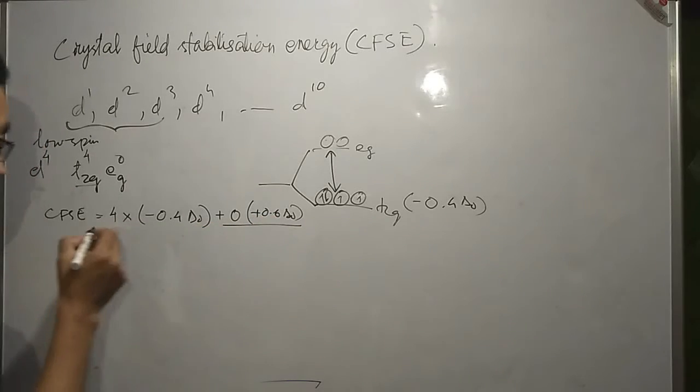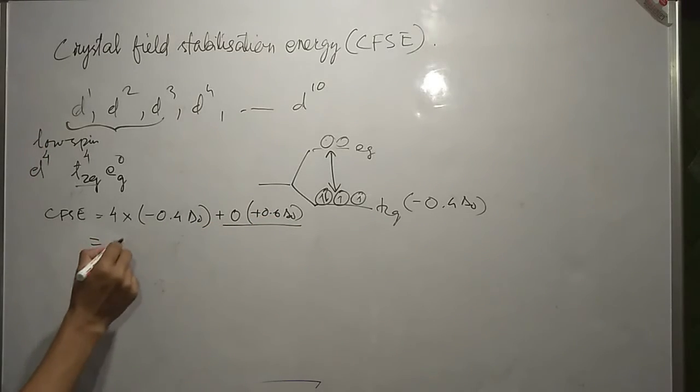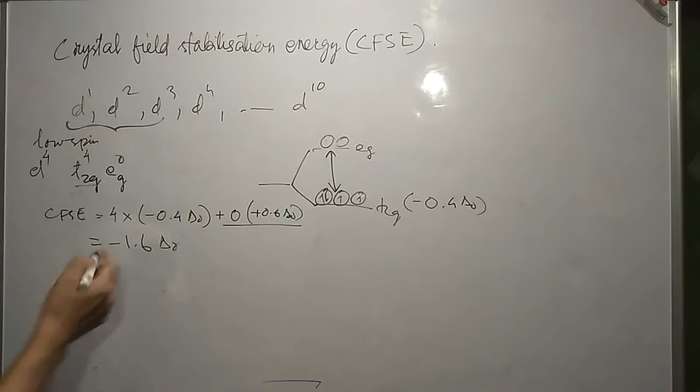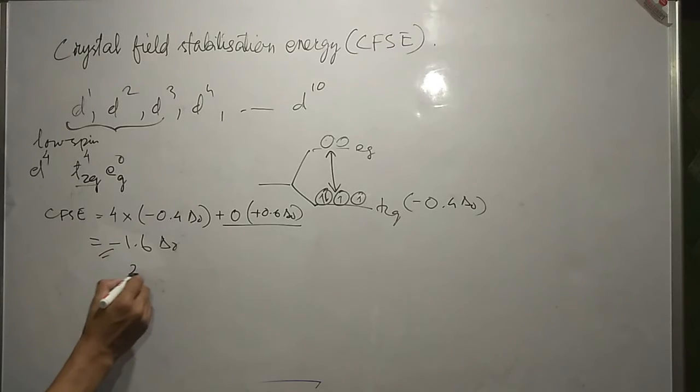So this one will go 0 and here 4 fours are 16, so it will be minus 1.6 delta 0. Now the negative sign, as I have already mentioned, shows the stability of that particular complex. The higher the negative value, the more will be the stability of that particular complex.